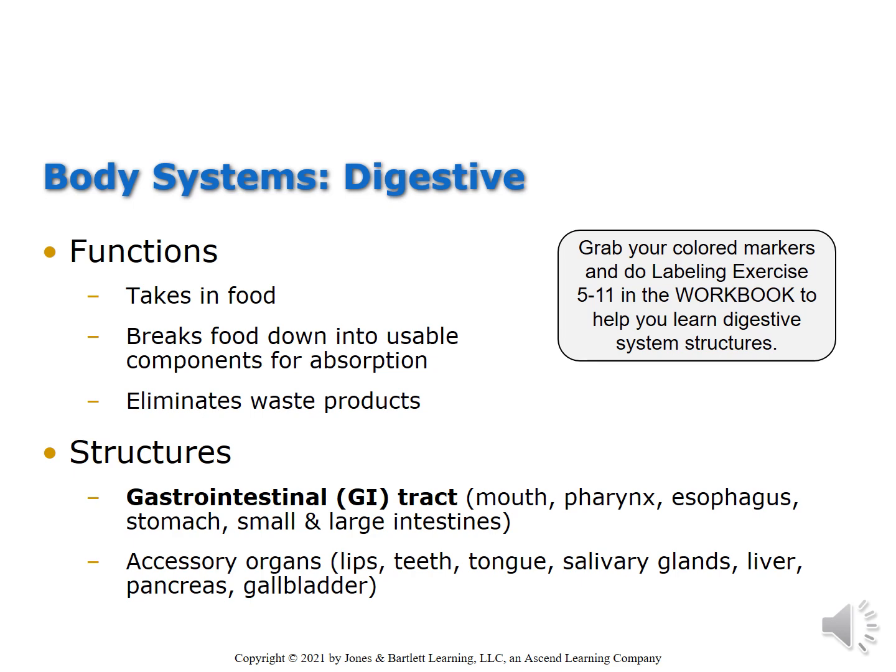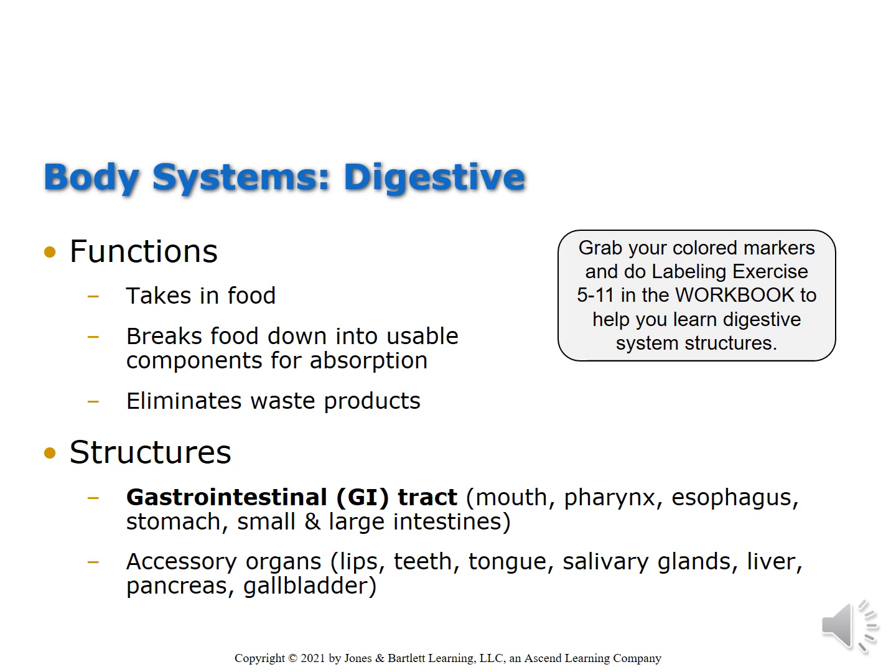So the digestive system, just as it says there, is important to take in food because we need nourishment, breaks that food down into usable components for absorption, and just as importantly, eliminates the parts of food that you don't actually need. So when we refer to the major structures of the digestive system, we refer to the gastrointestinal or GI tract, which includes the mouth, pharynx, esophagus, stomach, small and large intestines.